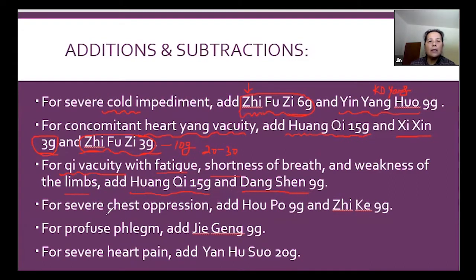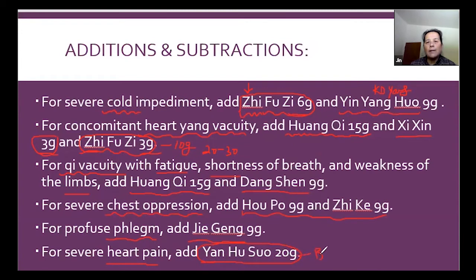And severe chest pressure, even chest pain, means severe qi and blood stagnation there. So we add more qi moving herbs, 厚朴 and 枳壳. And for more phlegm in the chest area, we add 桔梗. For severe chest pain, 延胡索. 延胡索 is a blood moving herb.